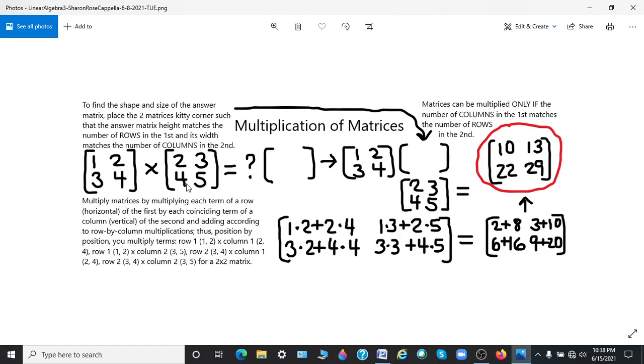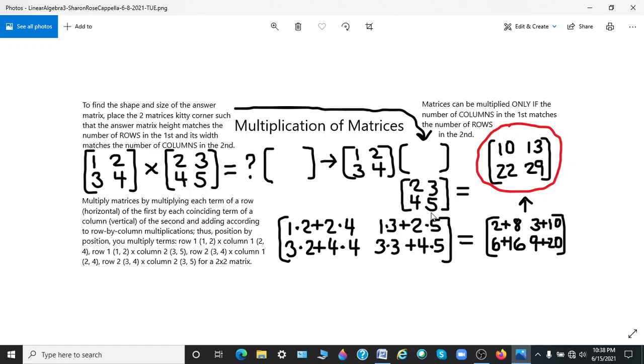You cannot switch the order of these two matrices and come out with the same answer. Matrix mathematics does not work that way because of this rule of how you multiply them together. Because of what I just said, the rows of the first match the height of the answer.